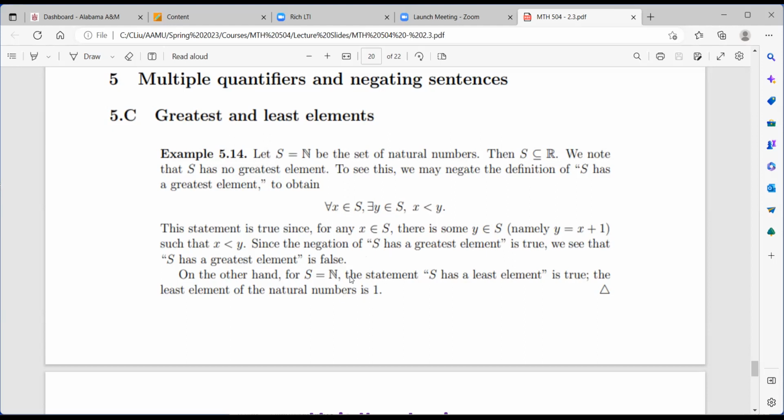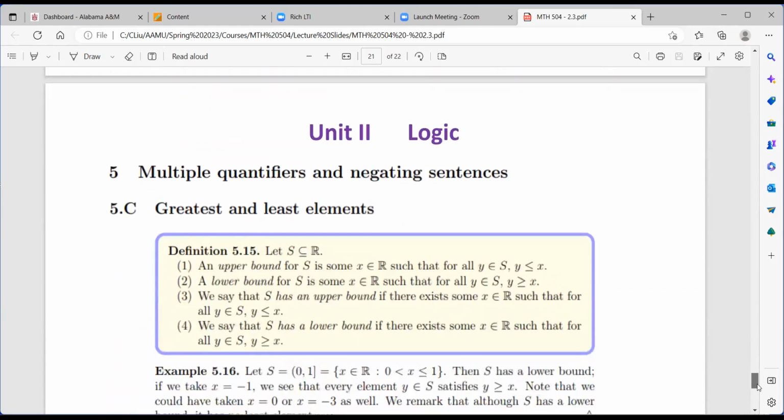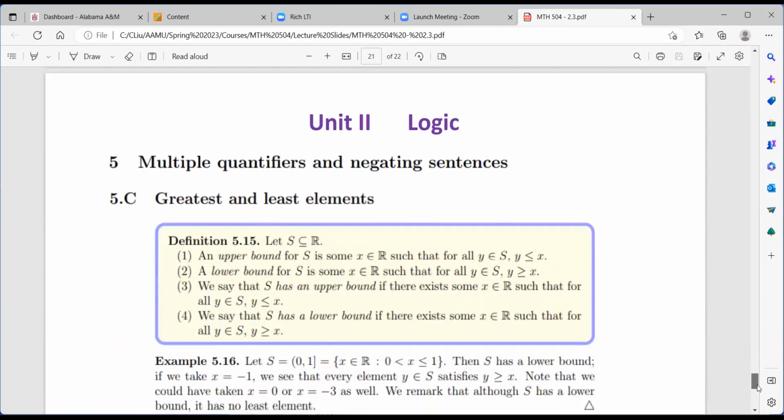Of course, we know that the natural numbers start from 1 and then increase to 2, 3, 4, 5, and so on. So that's one application of the quantifiers.